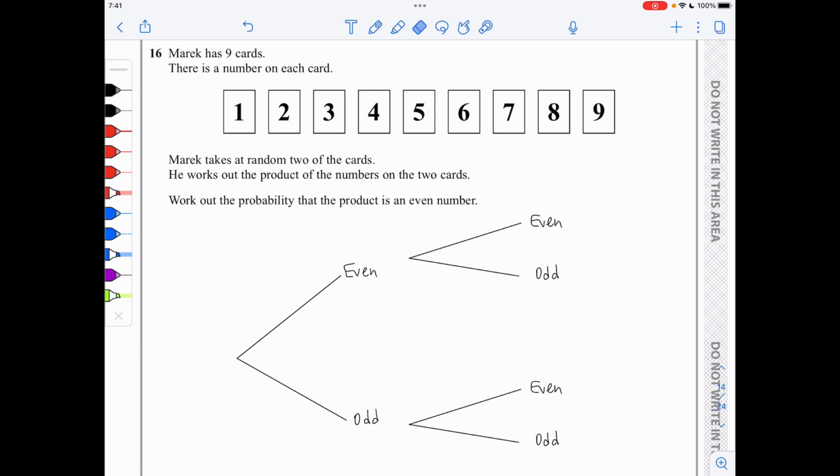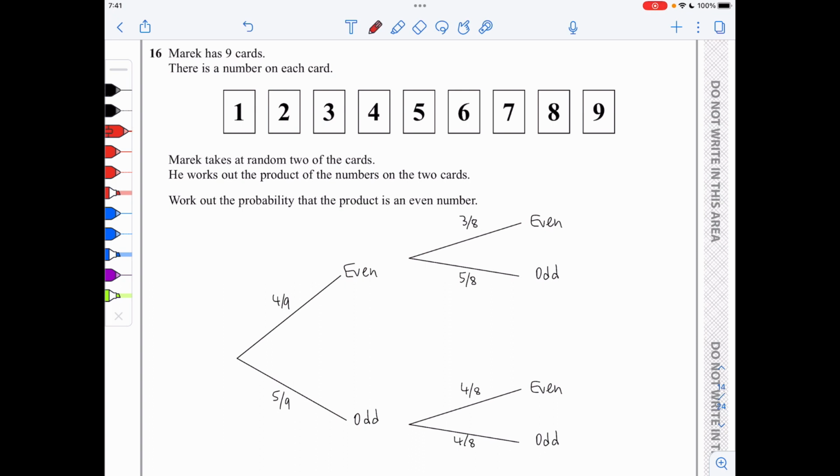So the first row will be either an even or an odd number, and we've got 4 out of 9 being even and 5 out of 9 of being odd. And then if we draw the first time an even number, then we're left with 3 even numbers out of a total of 8. And 5 over 8 is the odd. And if the first one was odd, then we've got 4 out of 8 for even and 4 out of 8 for odd.